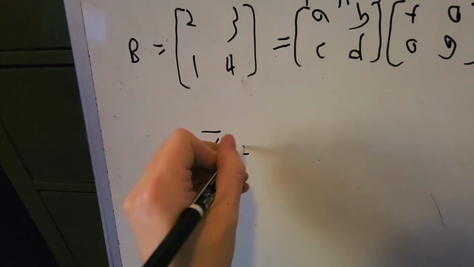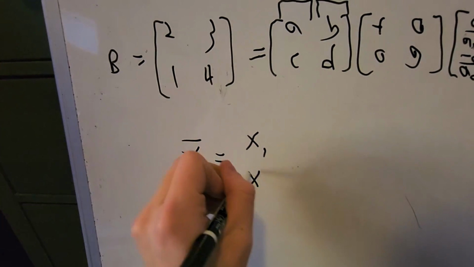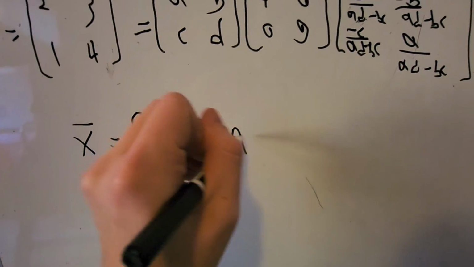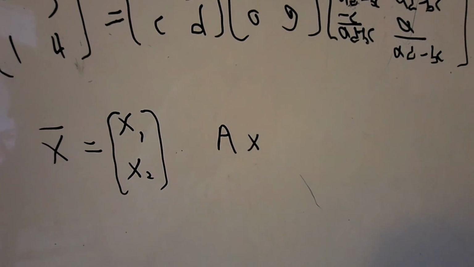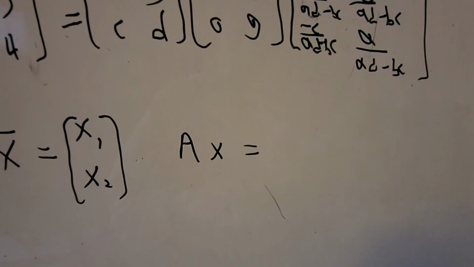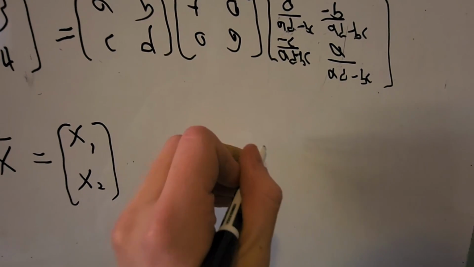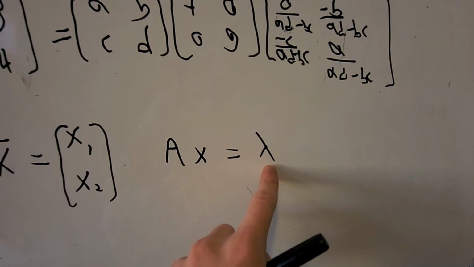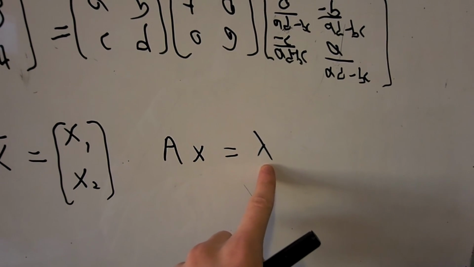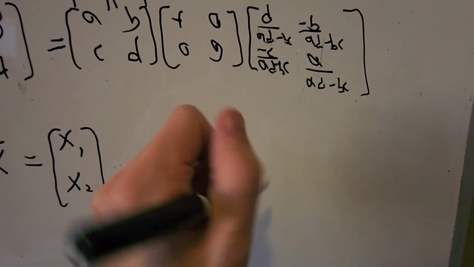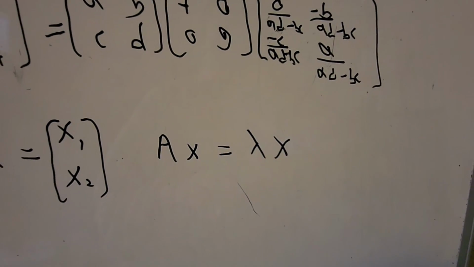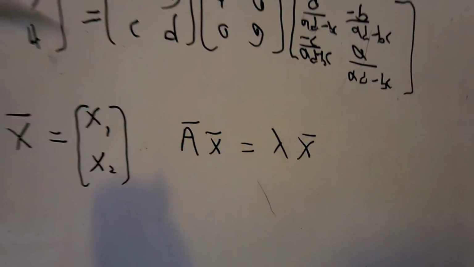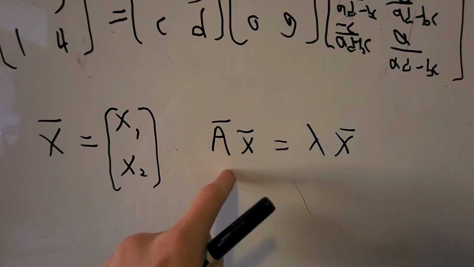We have vector x, x1, x2 are its coordinates. We now say A times x, A times x, the eigenvector is the eigenvalue is now considered as lambda. Now these are all matrices.